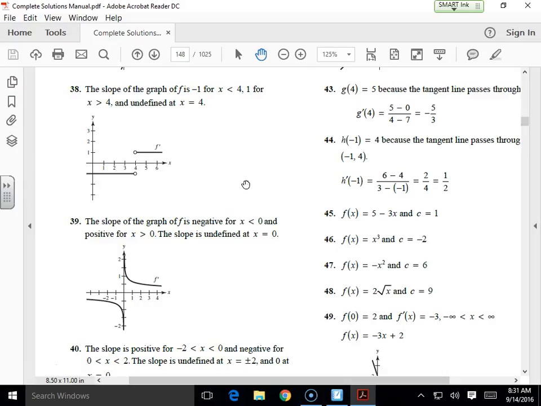And specifically, this piece of the derivative is f prime of x equals -1. And this piece is f prime of x equals +1.